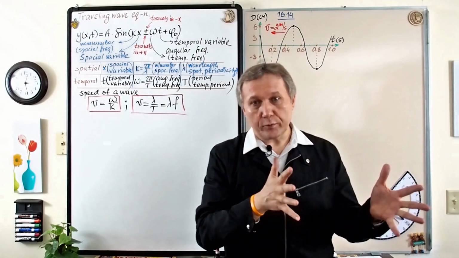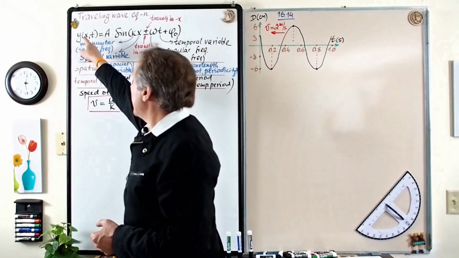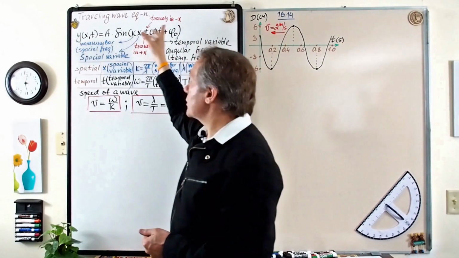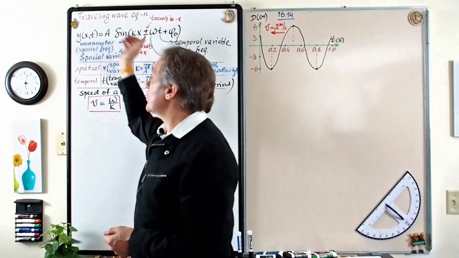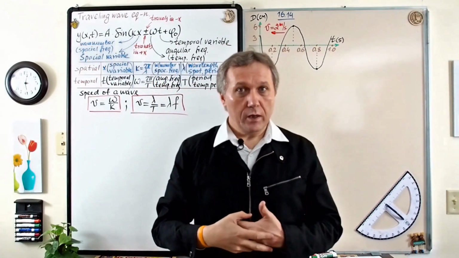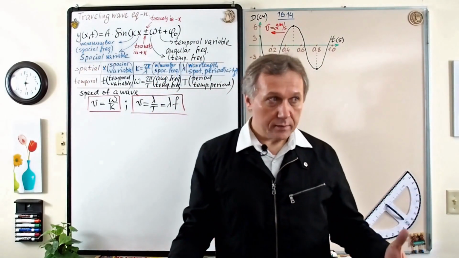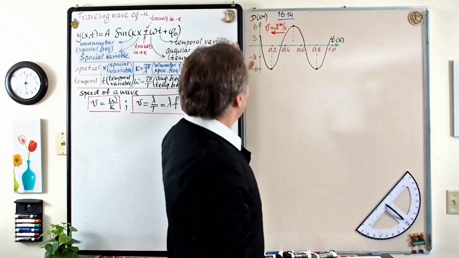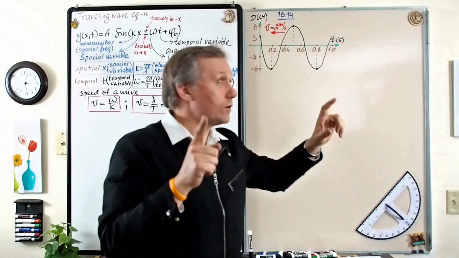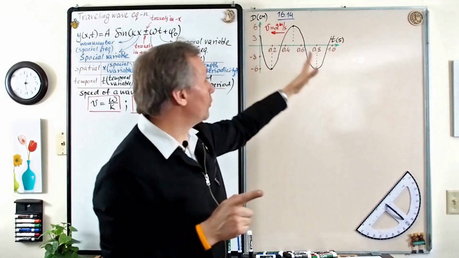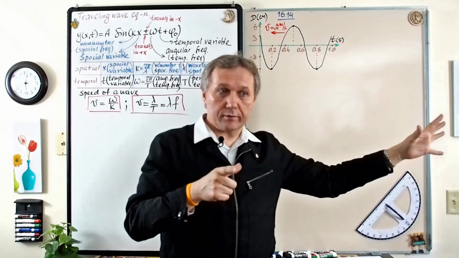You can first freeze x and observe what happens with the wave in time, or you can freeze time and observe what happens with the wave in space. In this case, we have time information, so it means that x is frozen, and what we observe is a history graph.